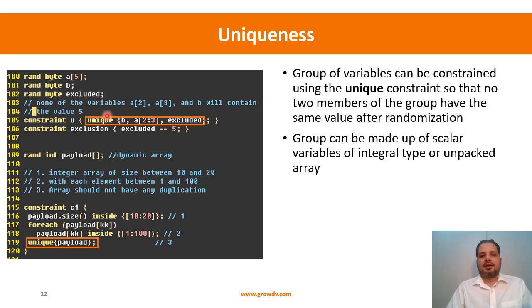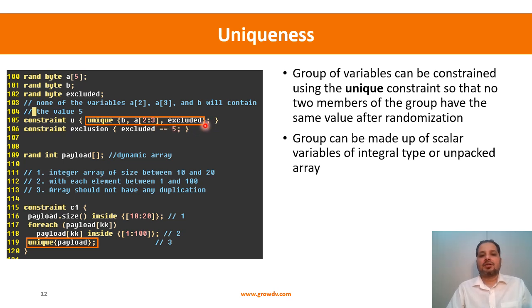Now I'm putting a constraint u, and I'm saying unique, with curly braces, and I'm saying b comma a of 2 to 3. So I can do range based addressing for the unpacked array, and then comma excluded.